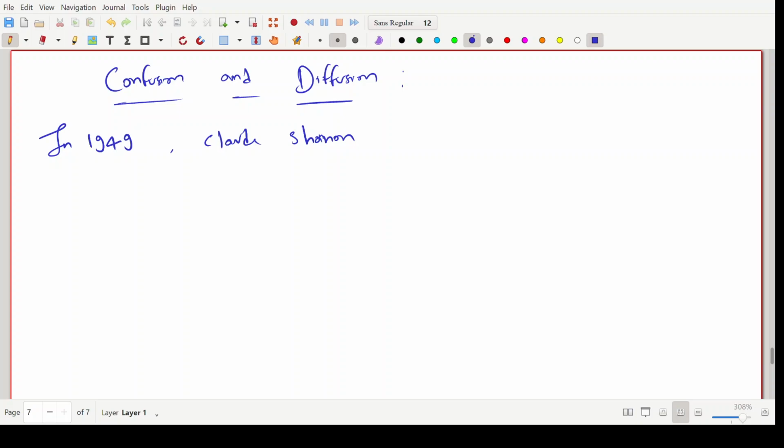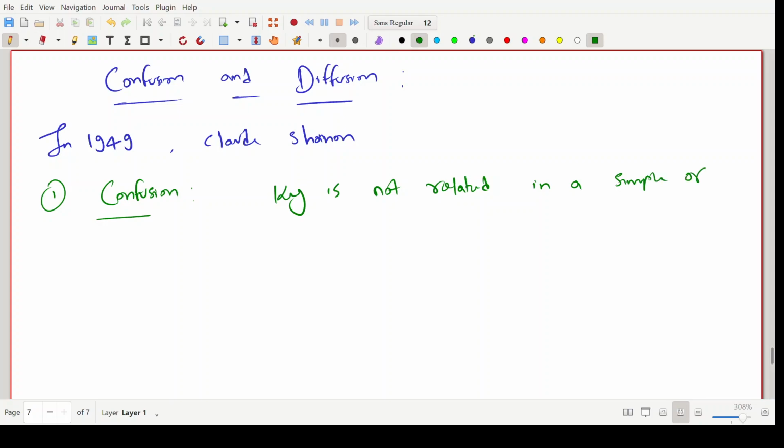Let me start one by one. The first is confusion. What is this property? See, confusion implies that the key is not related in a simple or direct way to the ciphertext.